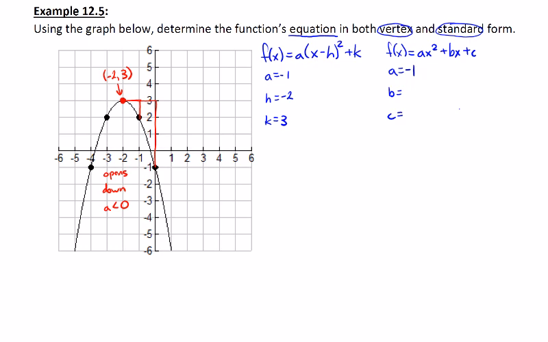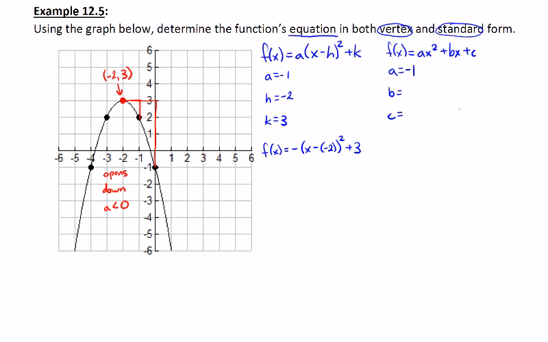But let's just pause for a moment, and let's finish up what we have here for the vertex form. So f of x is going to be equal to -1 times x minus -2 all squared plus 3. So that's what we get when we just directly substitute in the a, h, and k.